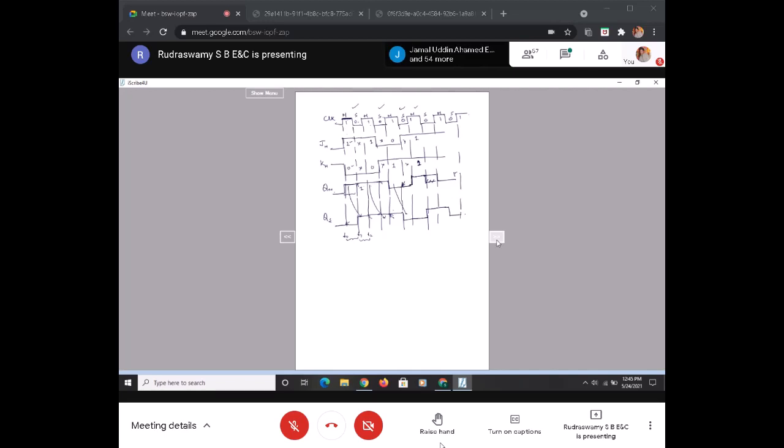So you can see that whenever I am getting the output from the slave, the slave output is independent of this. It is nowhere depending on this.